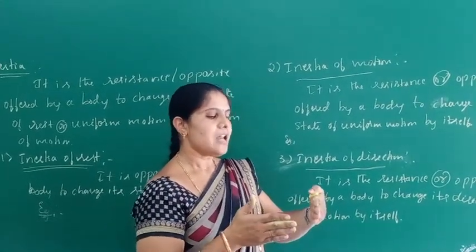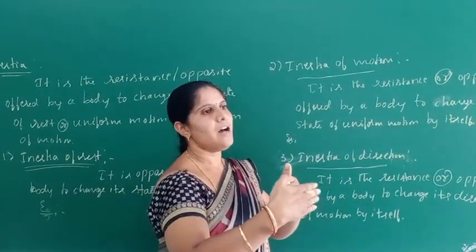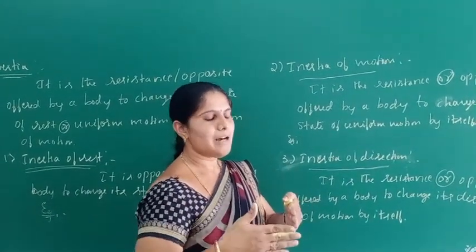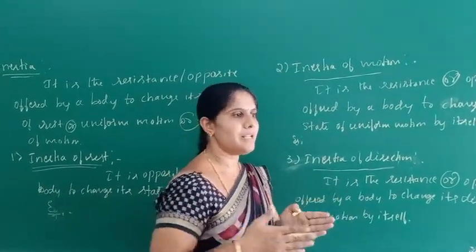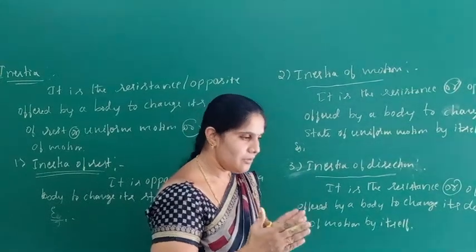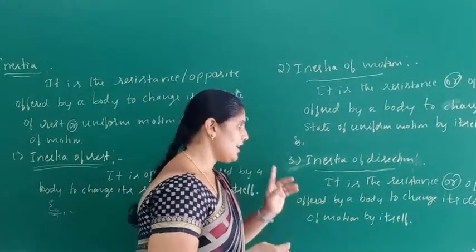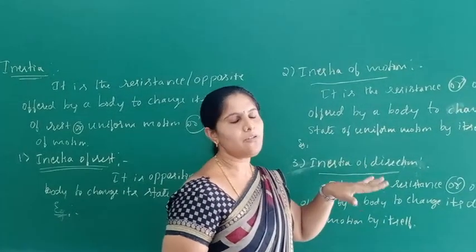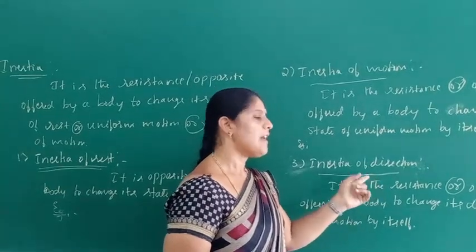So, for example, if the bus takes a left turn, the passenger falls to the right side. If the bus takes a right turn, the passenger falls to the left side. That means the passenger would like to remain along the straight path. That is the inertia of direction. It would like to be at the same direction.